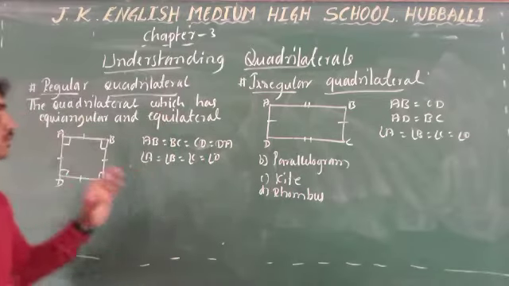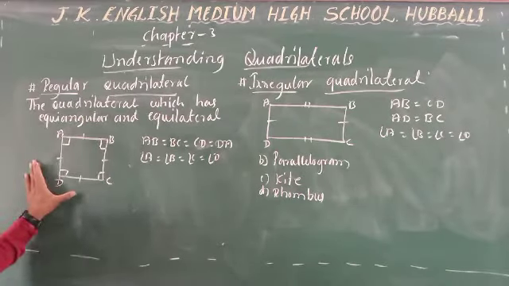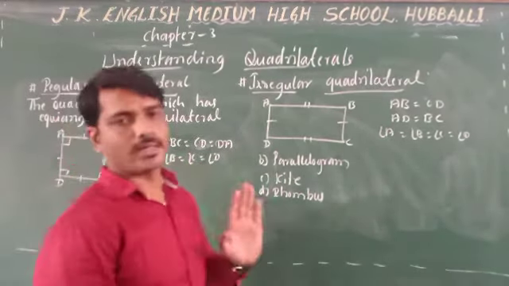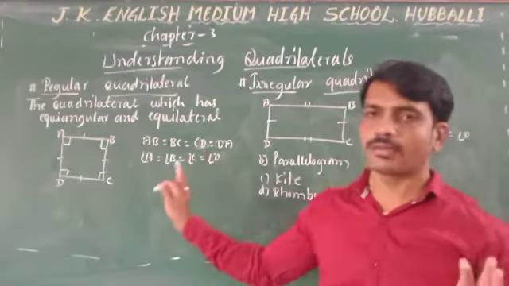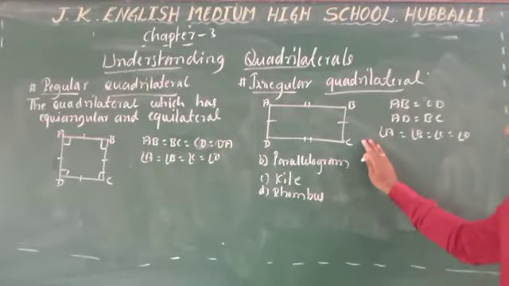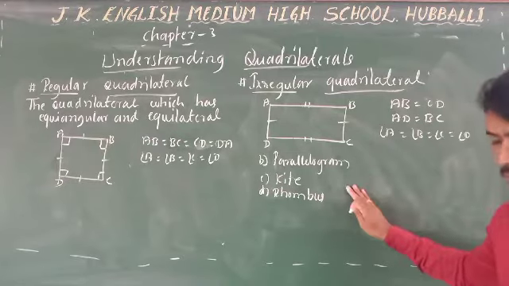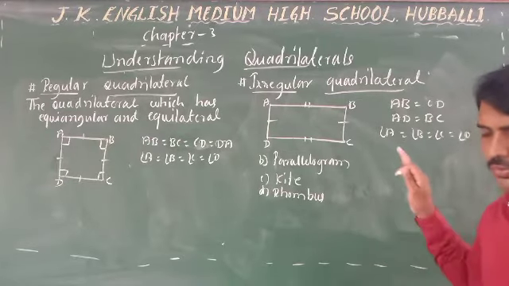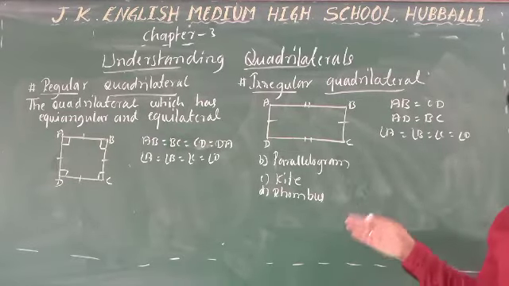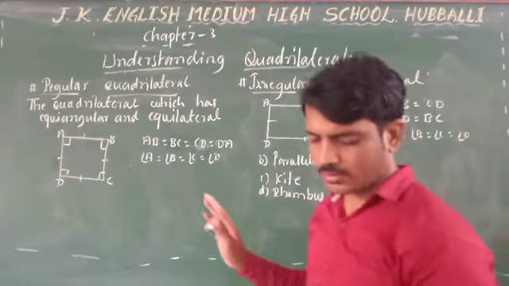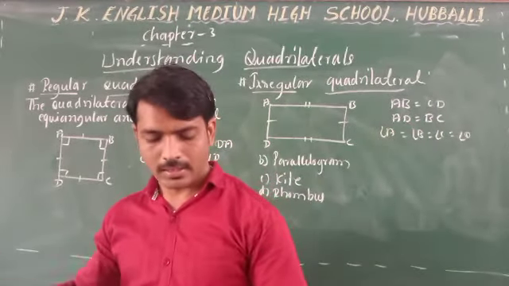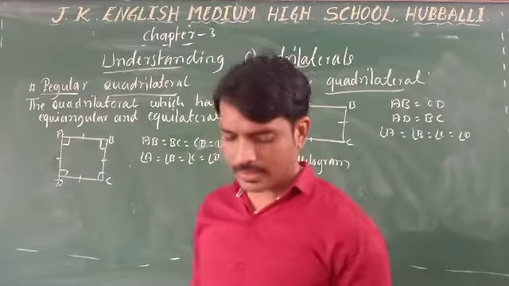Correct? Means these are what? Only the regular is what? Square. Otherwise, nothing will come. But here, rectangle, parallelogram, kite, rhombus, the remaining will come. Clear, children? So these are the regular and irregular quadrilaterals.